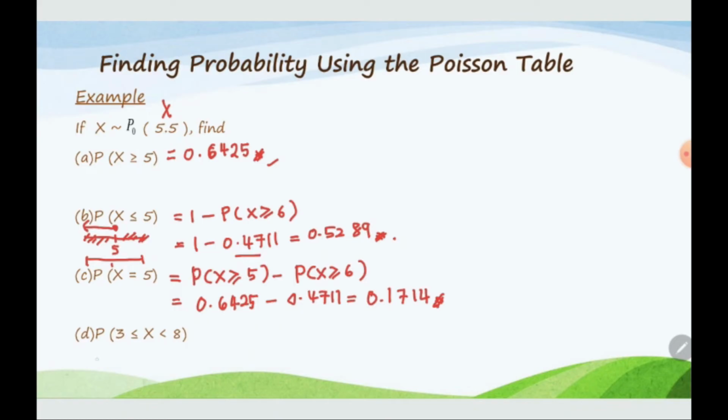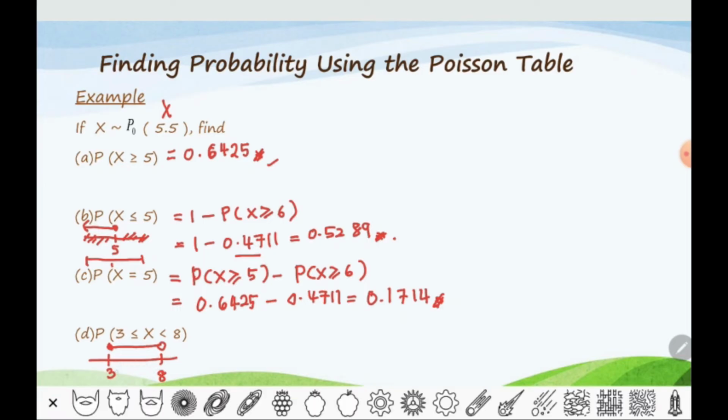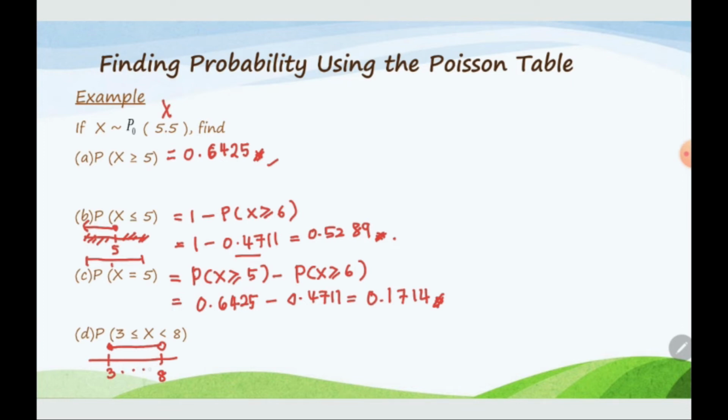And the last one for D, 3 to 8, where 8 is not included. We got 3 and then 8. So we have to calculate for 3, 4, 5, 6, 7.